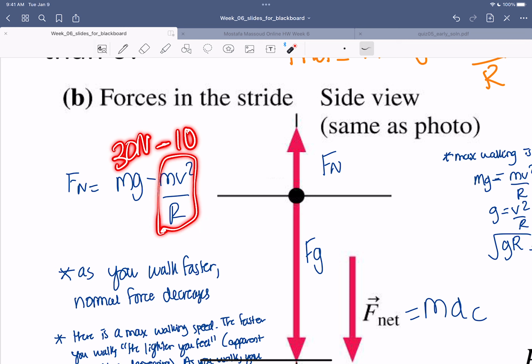If we increase the speed and it becomes 20, for example, then we went from an Fn of 20 newtons, since 30 minus 10 is 20, to now an Fn of 10, right? So as you increase your speed, you decrease your normal force, and therefore, when you walk faster, you tend to feel a little bit lighter, and you start to lose contact with the floor.